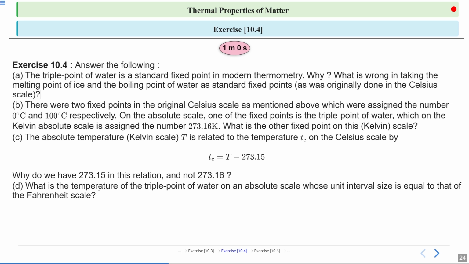Alright, so think about it. Let's see the solution of this question.